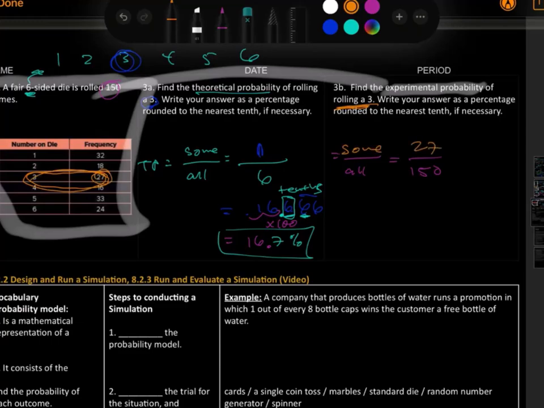And so if I put that into my calculator, let's do that. 27 divided by 150 gives me 0.18 as my decimal. Okay, common mistake, 0.18 is not a percent. If you did put the percent symbol, that would be less than 1%. So multiply that by 100 to get your percent. Our experimental percent is 18%. That was pretty close, right? 18% matched close to the 16.7%.